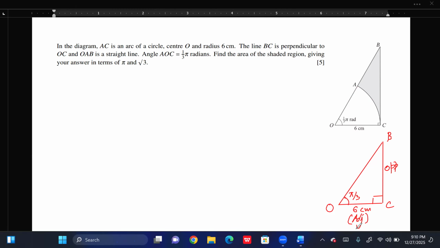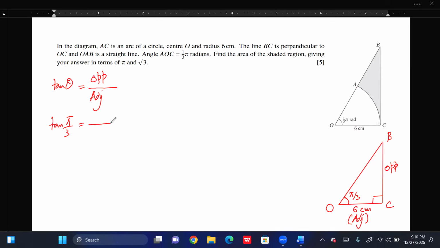Let's think about a trigonometric ratio. Yes, opposite over adjacent. Very good idea. It's going to be tangent. So opposite over adjacent is tangent theta, where theta is pi over 3.